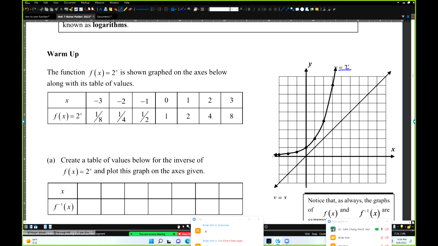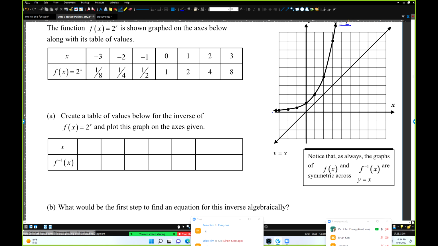Now let's find its inverse graph. How can you find the inverse? We have y equals 2 to the x, and the inverse should switch x and y: x equals 2 to the y, but we need to express y. What is that?